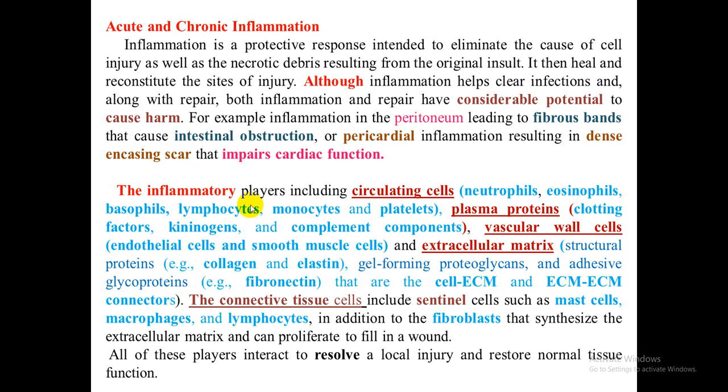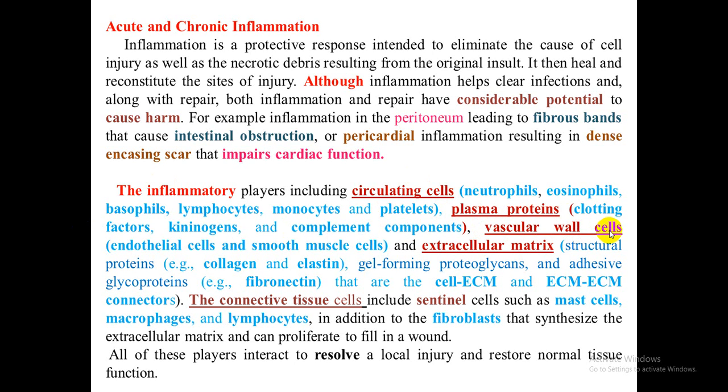The inflammatory players include different types of components, including circulating cells, including neutrophil, eosinophil, basophil, lymphocytes, monocyte, platelets, and also plasma proteins, including clotting factors, kininogen, and complement components.